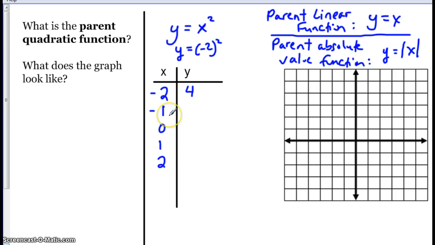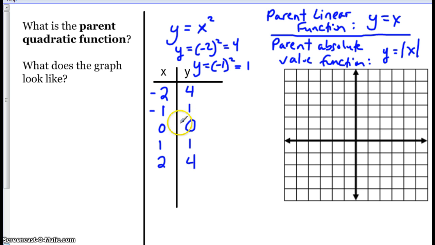Then when we substitute in -1 for x, we would have -1 squared, which would be equal to 1. And then 0 squared, we substitute in 0 for x, and 0 squared is 0. We substitute 1 in for x, so 1 squared is 1. And then we substitute 2 in for x to get our y, and 2 squared is 4.